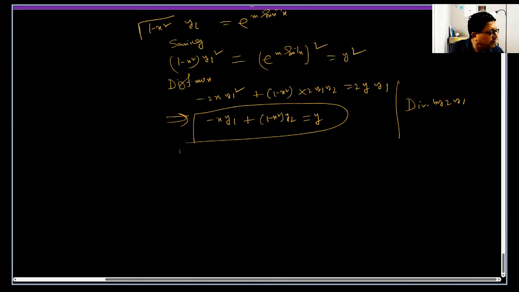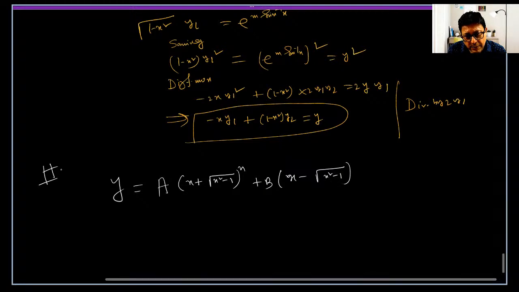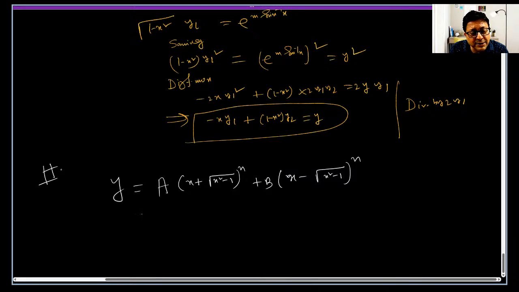Let me take a problem like this where they have given y equal to a into x plus under root x square minus 1 to the power n plus b into x minus root x square minus 1 to the power n, and you have to prove that 1 minus x square y2 plus n square y equal to 0.